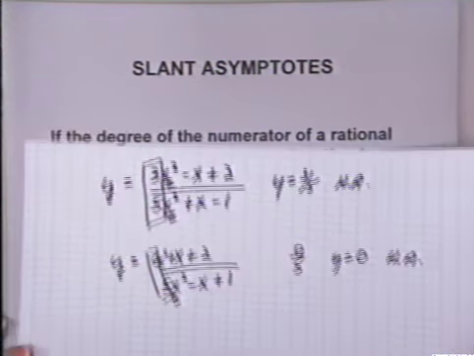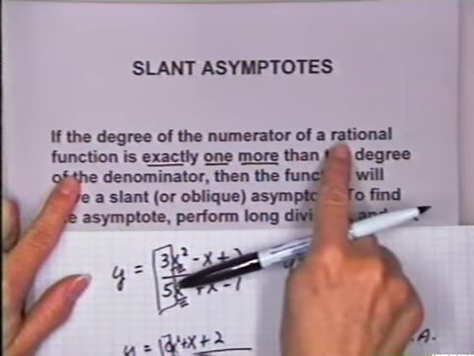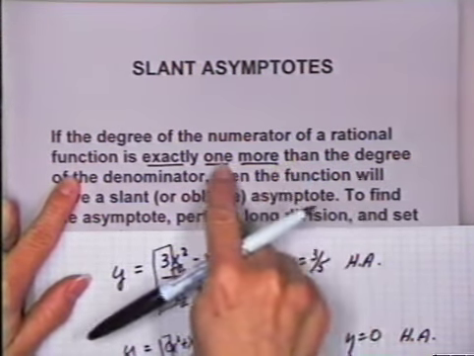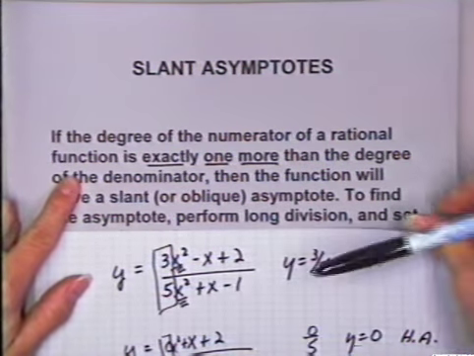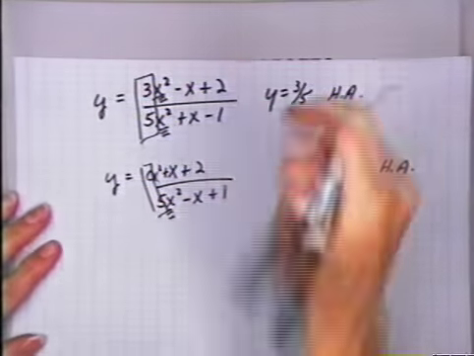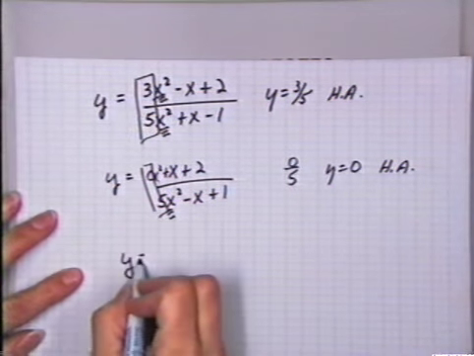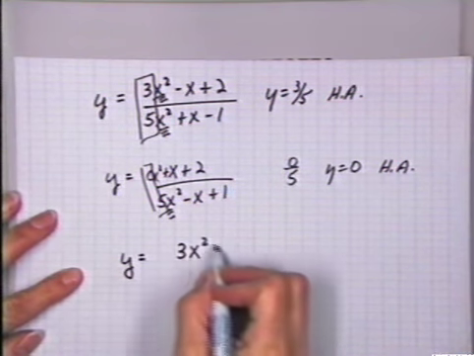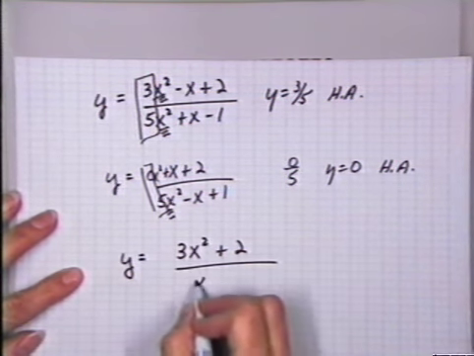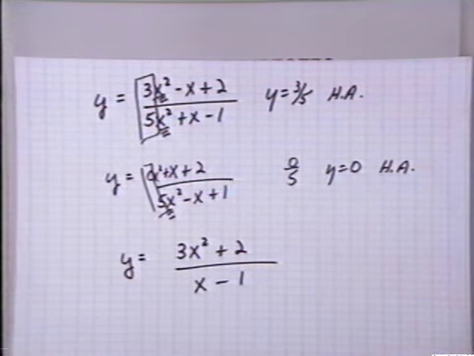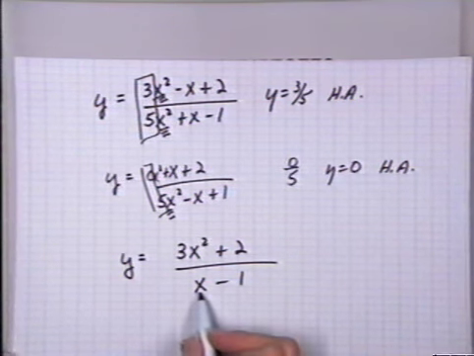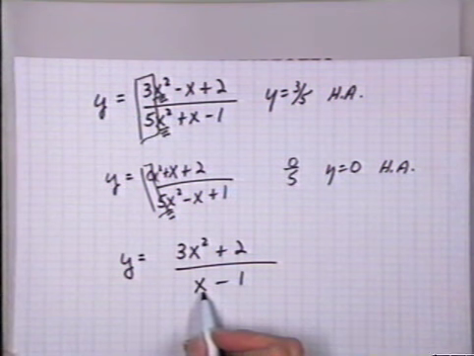This is talking about the situation where the degree in the numerator is more. Notice it says exactly 1 more. What I want to show you with this analysis here, let's suppose I had 3x squared plus 2 over x minus 1. Notice here, my largest power of x down here is x to the first.